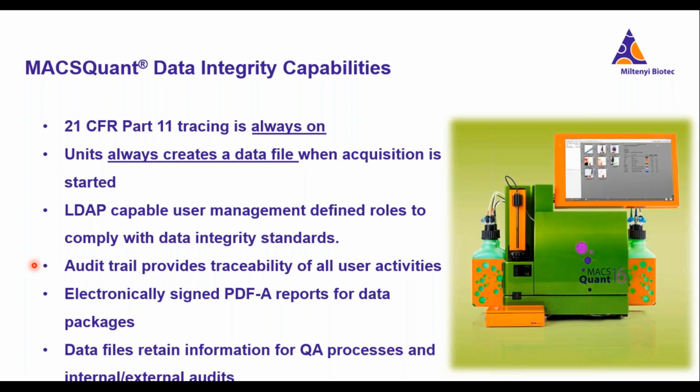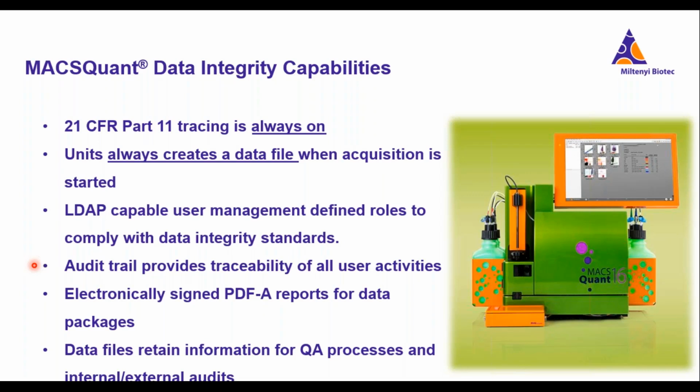The system also has the ability to generate reports, if you would like, that are PDF Type A reports that require an electronic signature. So you can get reports directly off the system as you migrate your data to FCS Express for analysis. And data files retain information for QA purposes and external and internal audits.